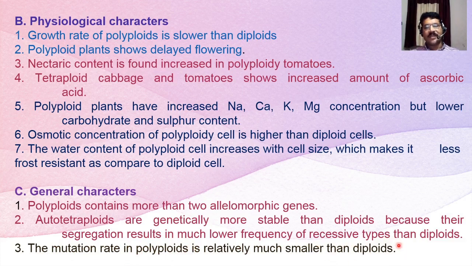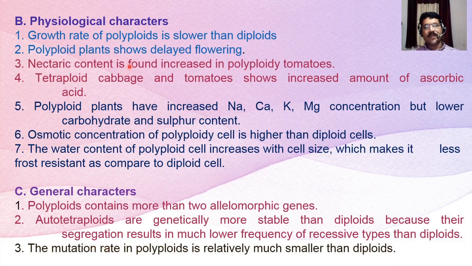So a diploid cell will get mutated easily as compared to polyploids, and polyploids have a very low rate of mutation. So all these are the characteristics of these polyploids.